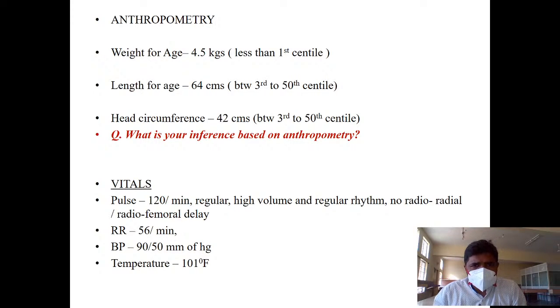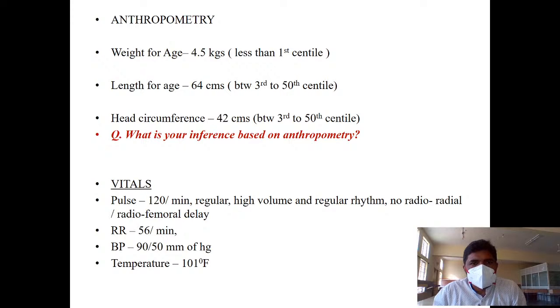But here the child is weighing 4.5 kg, and you need to plot it on the growth centile charts. When this child is plotted, it comes to less than the first centile, so the child has a significant growth retardation in terms of weight.